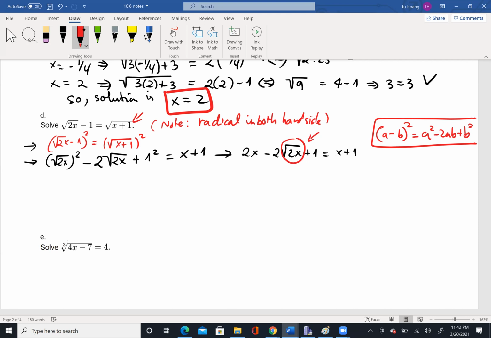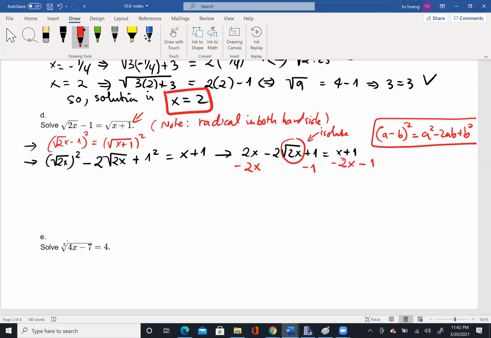I need to come back to the first step, which is isolate it. So how can I isolate? I'm going to subtract 2x and subtract 1 from both hand sides.